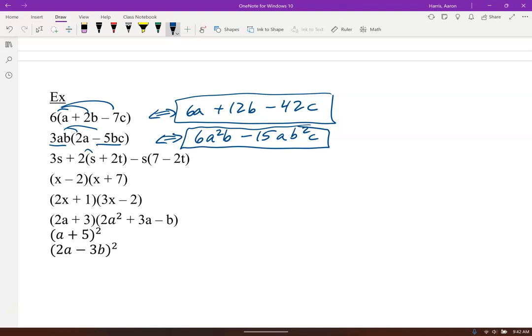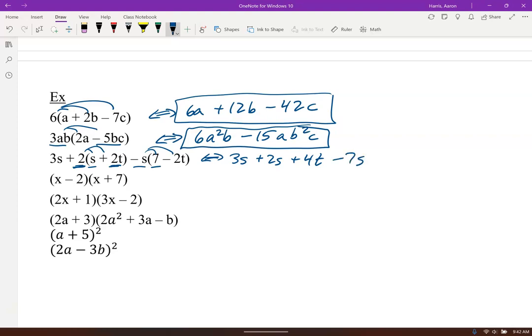Let's go to the next one. Let's distribute here, distribute here. So this becomes 3s. Distribute the 2. 2 times s is 2s. 2 times 2t is 4t. Now let's distribute the minus s. We got negative 7s.